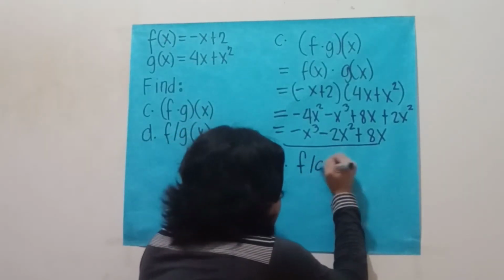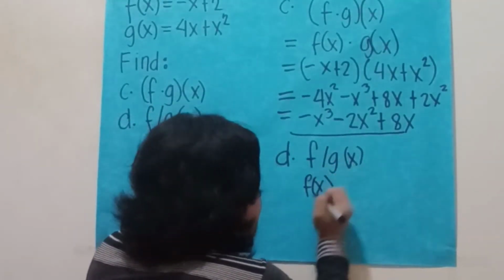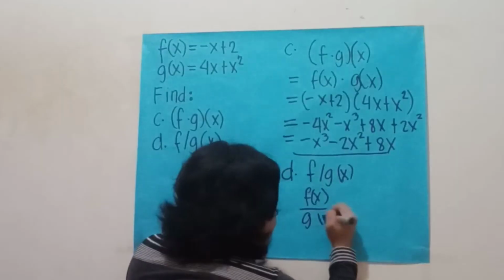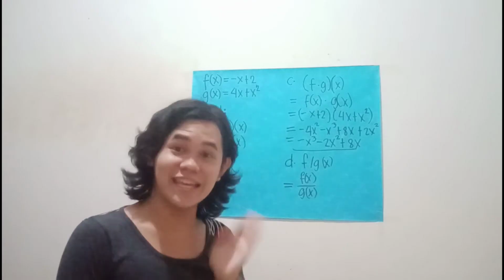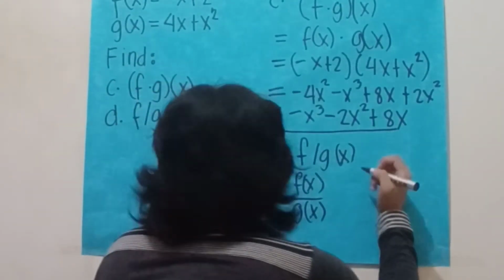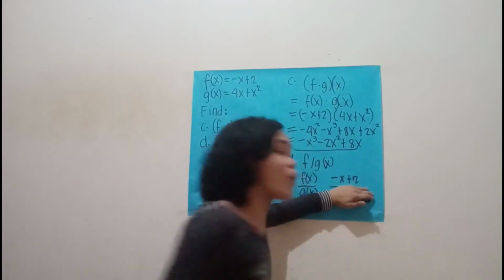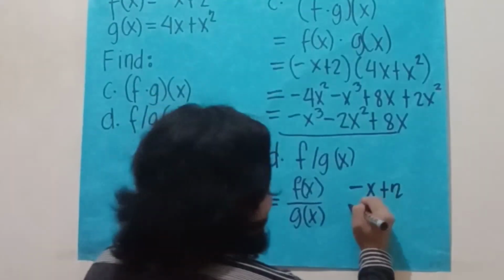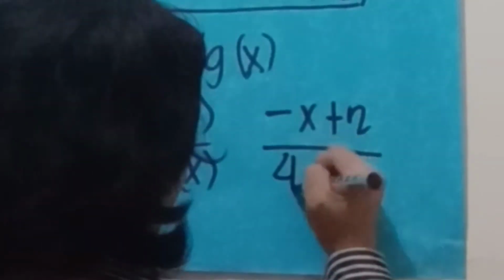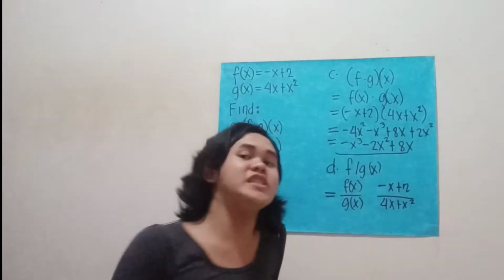f divided by g of x is actually another fancy way of saying f of x divided by g of x. Again, we are going to substitute. We are going to put our f of x, which is negative x plus 2, as our numerator, and our g of x, which is 4x plus x squared, as our denominator.